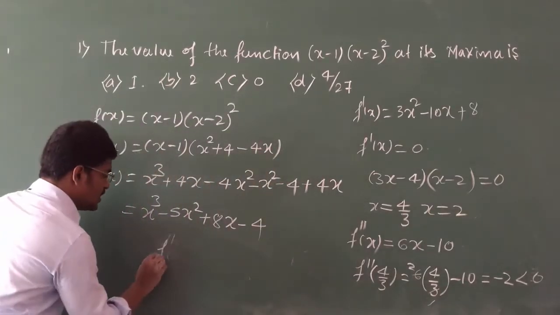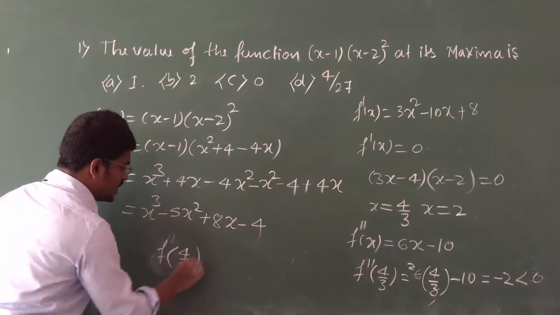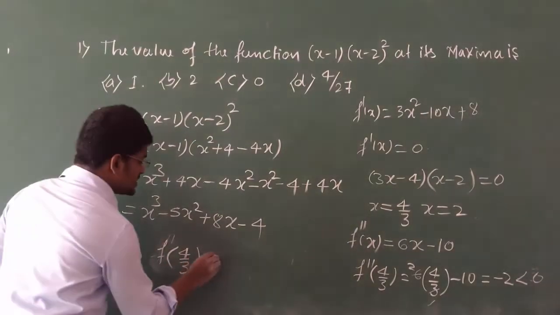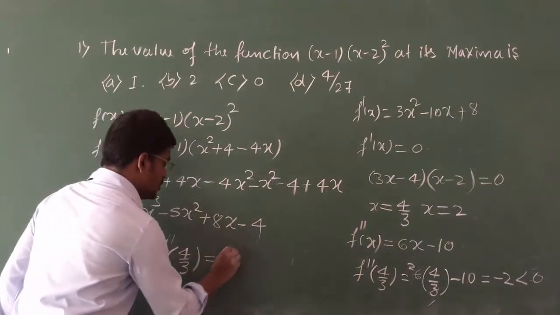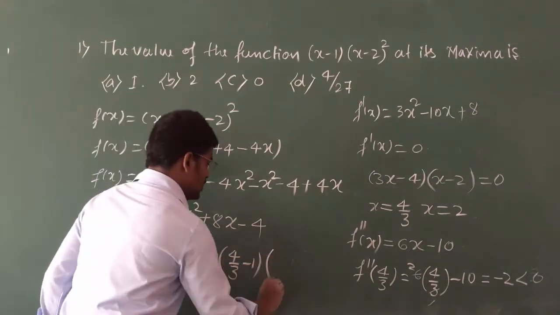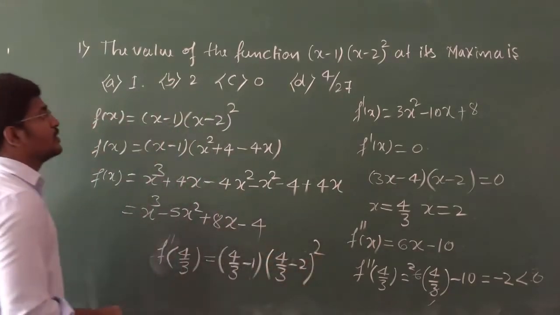So that is f of 4 by 3 you have to calculate. F of 4 by 3 is equal to 4 by 3 minus 1 into 4 by 3 minus 2 whole square.